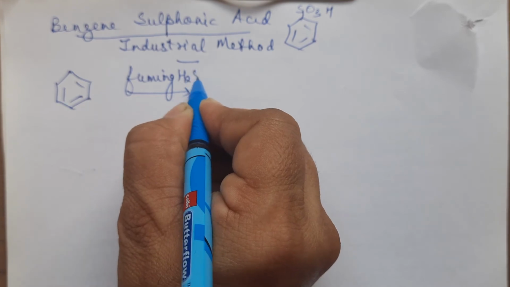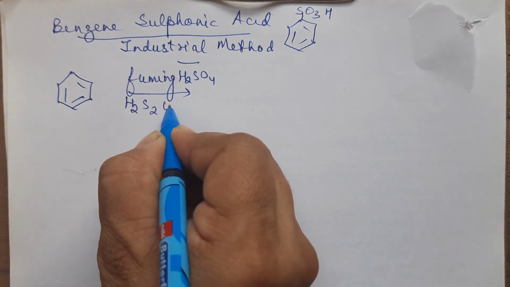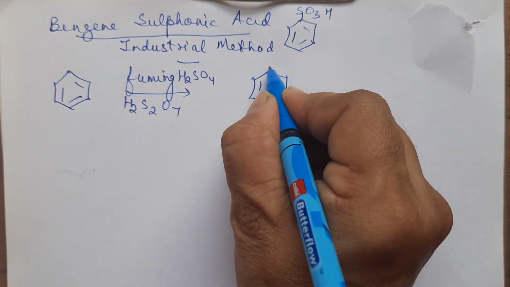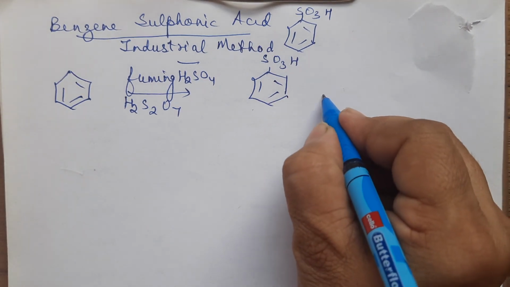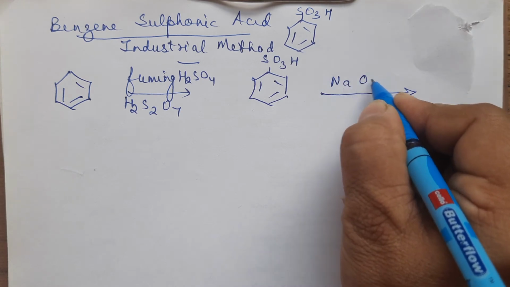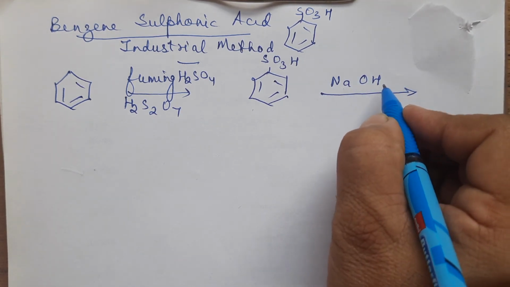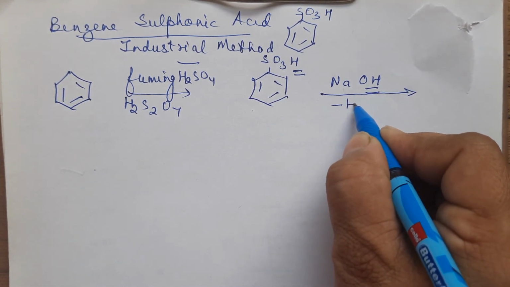Now what is fuming sulfuric acid, children? Oleum, H2S2O7. So in the presence of oleum, what you get is this benzene sulfonic acid. Now this benzene sulfonic acid is further treated with the base NaOH. So this H from here and this OH from here come out as water.